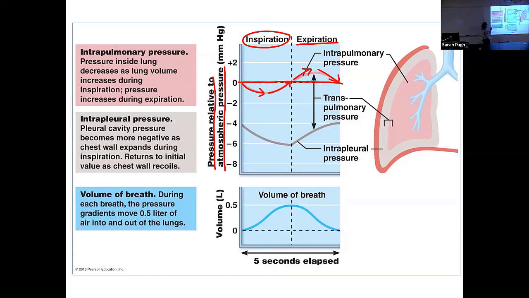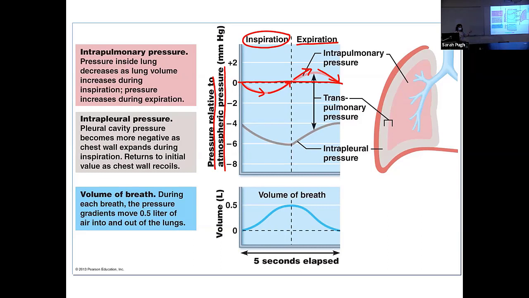So where it's getting back to atmosphere is that quiet point in your breathing, where you're not inhaling and you're not exhaling. It's that pause between the two. That's when you have equaled atmosphere. Okay, so it's happening at the end of every inhale and at the end of every exhale.